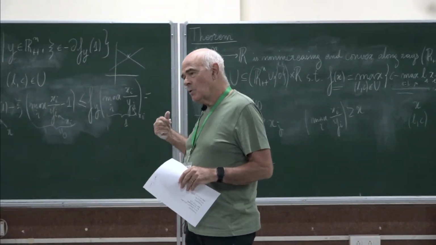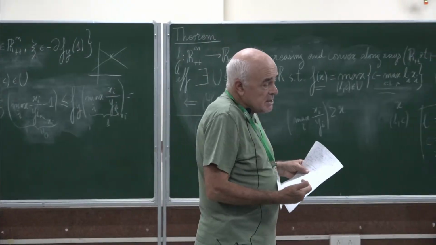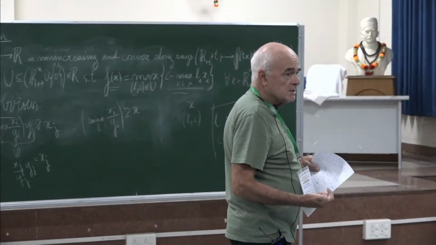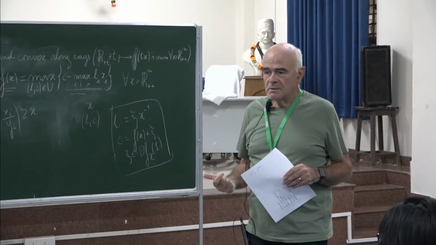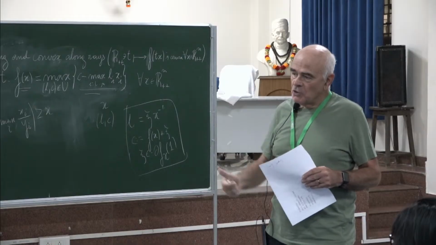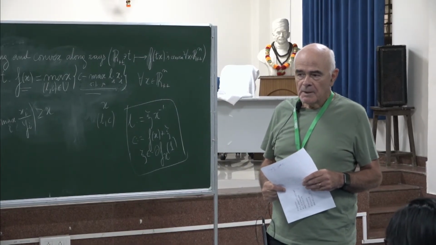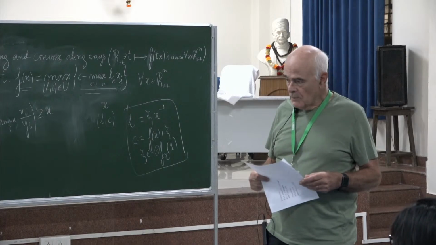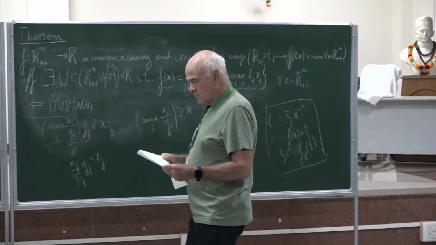So somehow this theory is less powerful because of that. Because it's, let's say, more evident from a geometrical point of view. Okay, I think it's time to stop now. Thank you.